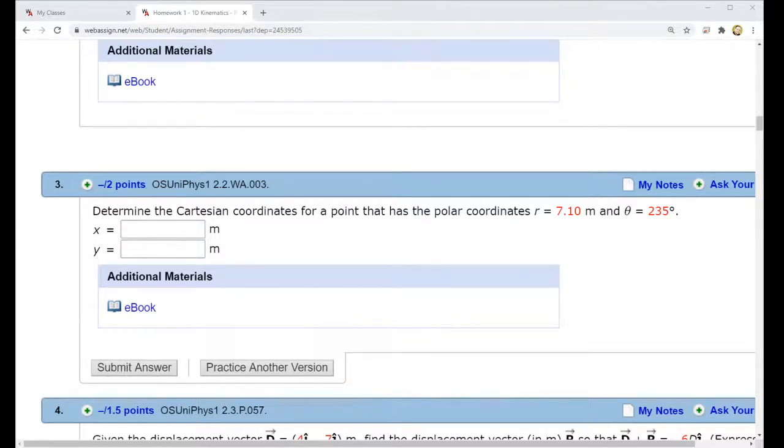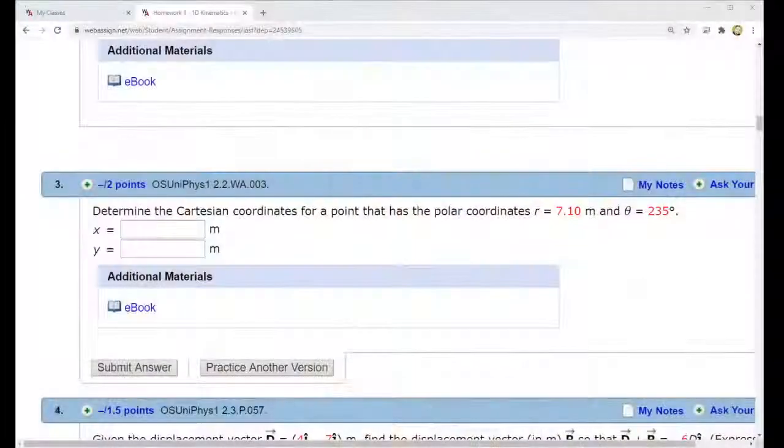And the convention is, this is the positive x-axis. The convention is angles are counterclockwise in relation to the positive x-axis. So 230 degrees is almost all the way around the circle.